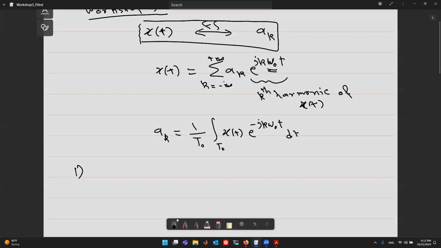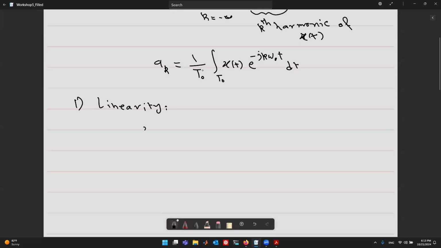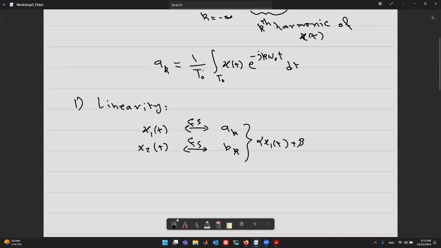First, Fourier series is linear. Which means that if we have a signal x1(t), which is represented by a_k Fourier series coefficients, and x2(t) with d_k coefficients, then alpha x1(t) plus beta x2(t) can be represented using alpha a_k plus beta d_k.